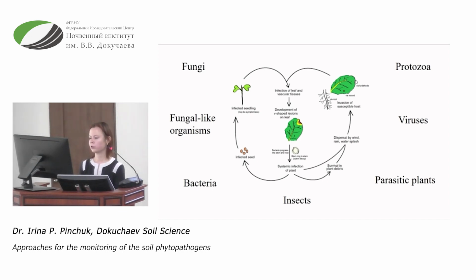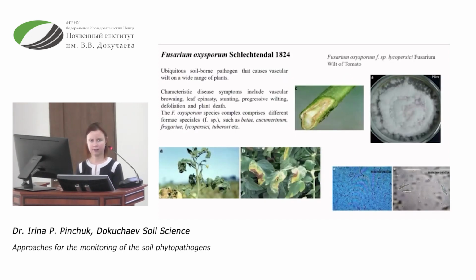Also, there are protozoa, nematodes, and viruses. It's also not a big group of pathogens, but there is enough research about this. I also included parasitic plants and insects, but it's not our field of interest. So we continue.